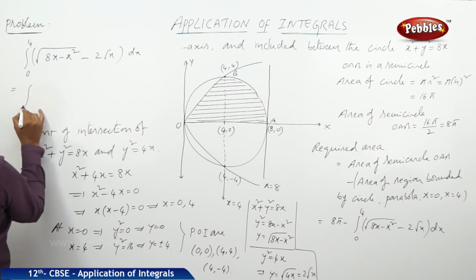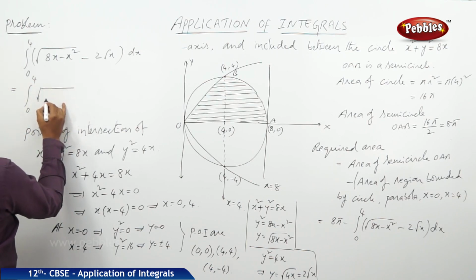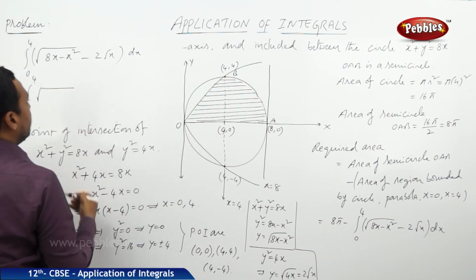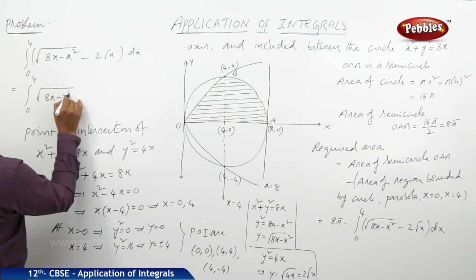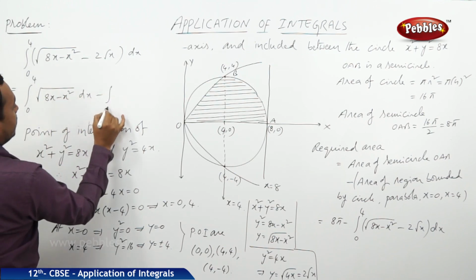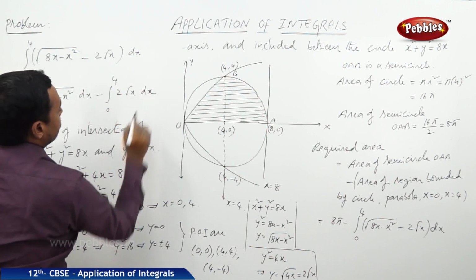This is equal to integral 0 to 4. Now we can split this into two integrals: root of 8x minus x square dx minus integral 0 to 4 2 root x dx.